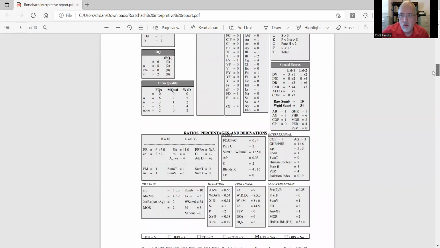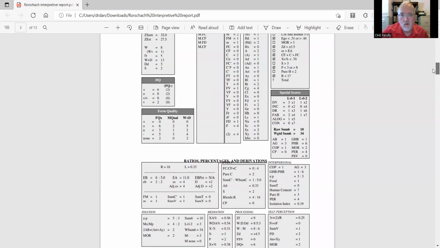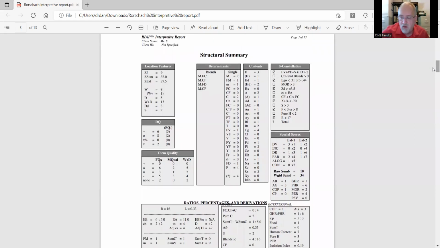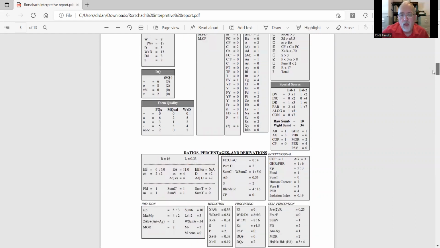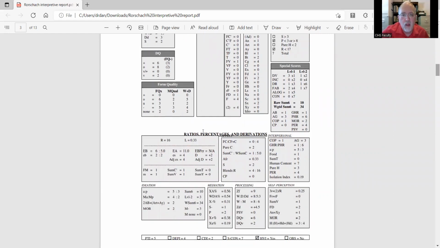If you look through chapters 3, 4, and 5, you'll notice, as complicated as it can be, all of this is: you take these numbers and from them you develop these variables.